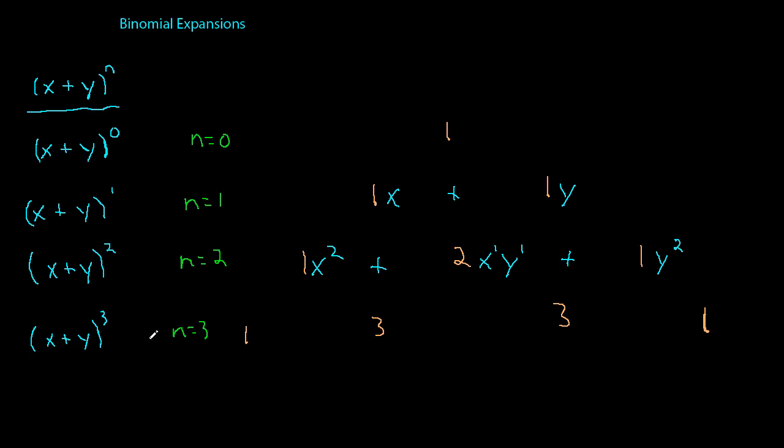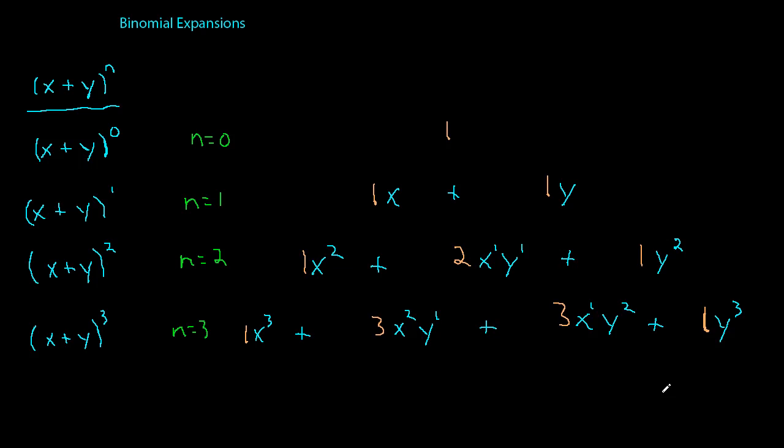Okay, the third one, x plus y cubed. Well, if you don't believe me, you can just take this guy and multiply it by x plus y one more time, and you will get x cubed plus 3x squared y to the first plus 3x to the first y squared plus y cubed.